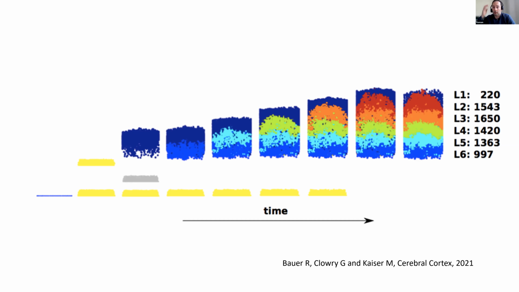So the cortex is the outermost part of the brain, and it is responsible for higher cognitive functions such as planning and higher order thought processes and so on. And we used agent-based modeling, which is this mechanistic computational approach, in order to simulate how this layered architecture in the cortex develops.